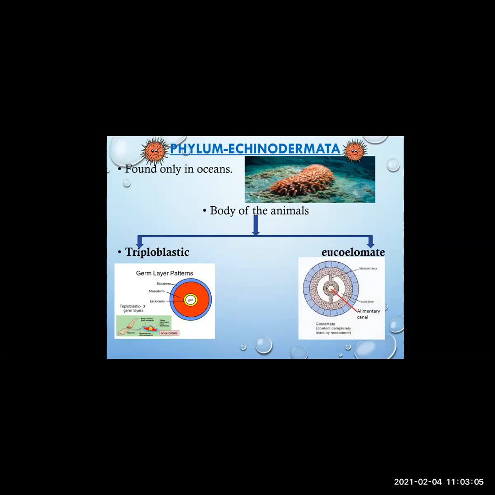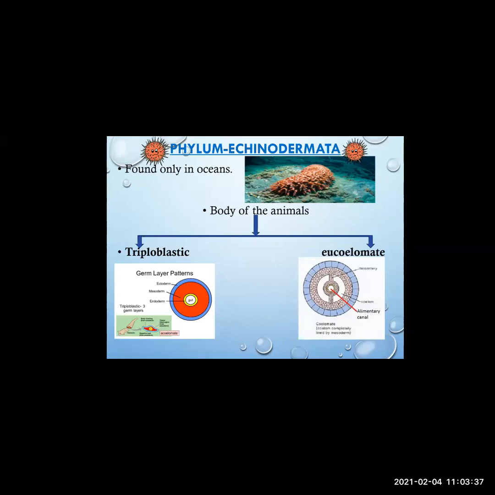And how is the body? The body of these animals is triploblastic. Once again, I'm repeating, all three germ layers, ectoderm, endoderm, mesoderm, are present. Then eucoelomate. Eucoelomate is a true body cavity, and the cavity is surrounded by mesoderm or gut.